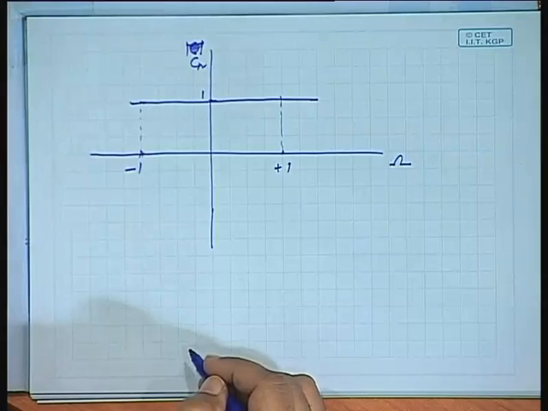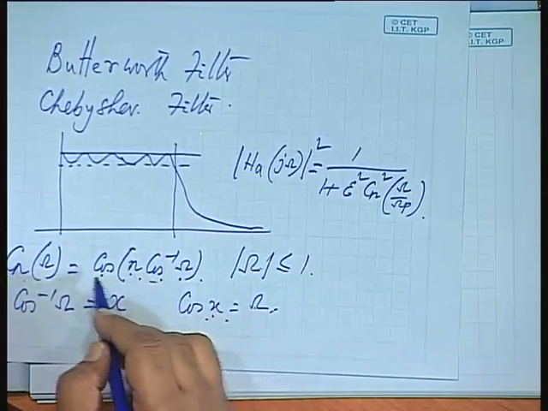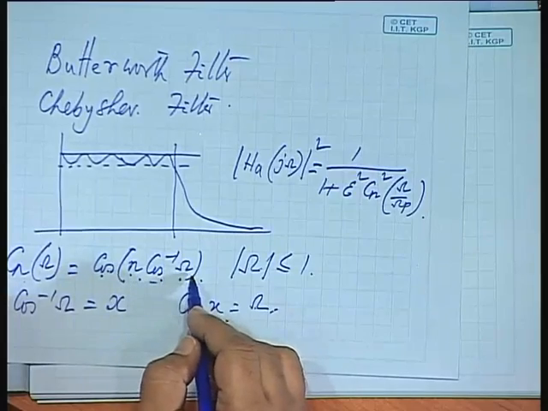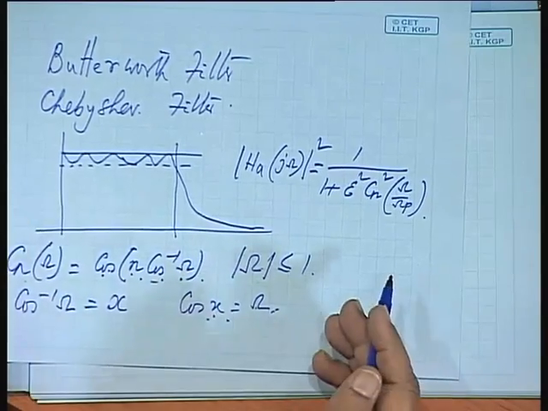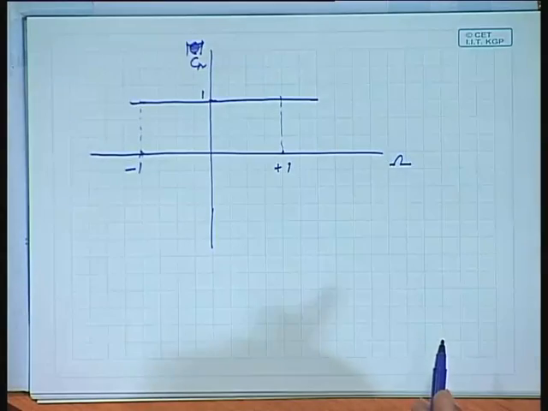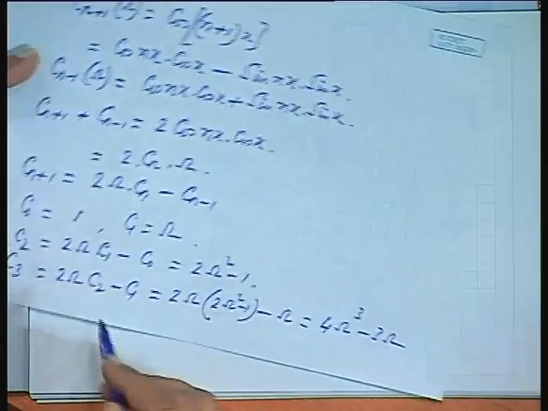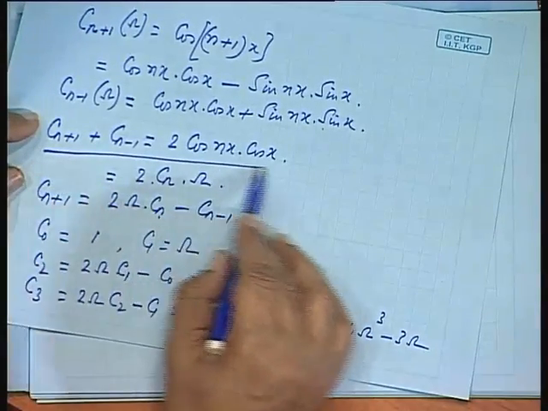Actually, when omega is greater than 1, it is given by cosh and cosh inverse omega, hyperbolic functions, and that will also generate the same polynomial relationship. With the cosh function, hyperbolic functions also, you will get the same recursive relationship.